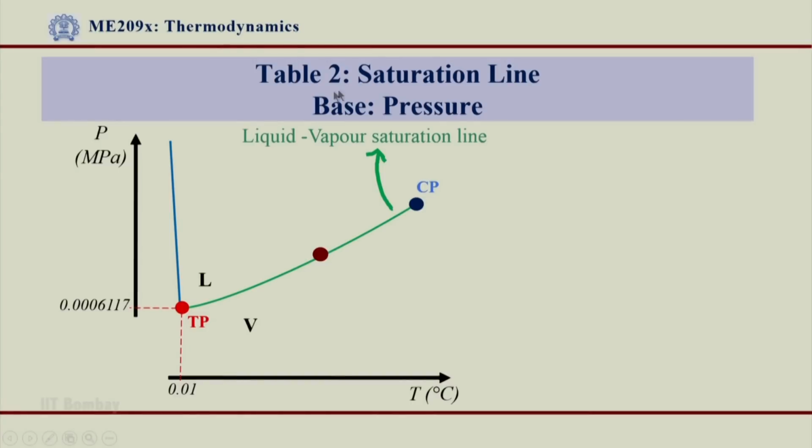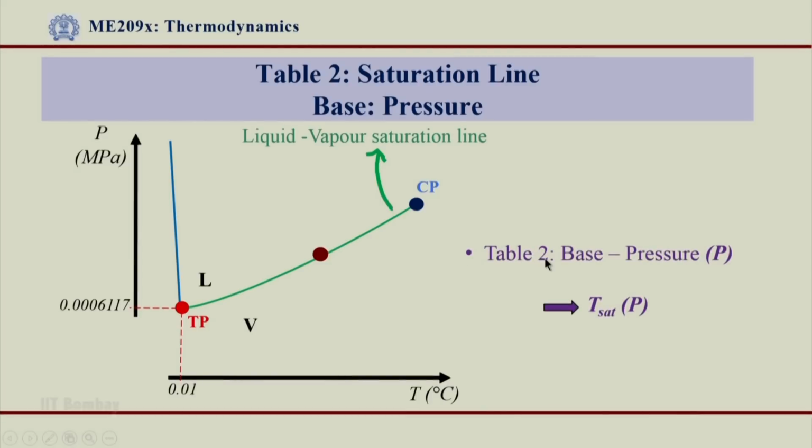Let us now come to table 2, saturation line, now base is pressure. Again you have got the same diagram, PT diagram, and you have got a LV saturation line running from Tp up to Cp, alright, and again locate one point on this line which is where the thermodynamic system lies, because table 1 and table 2 deal with these lines only.